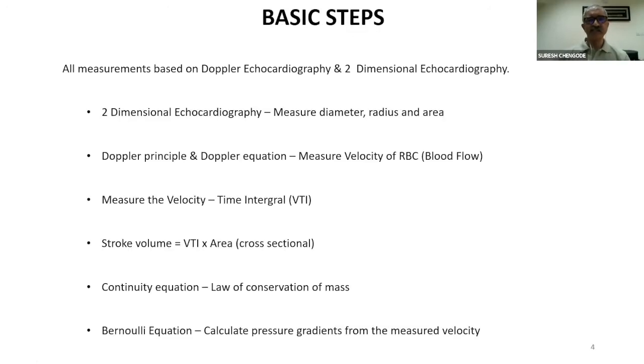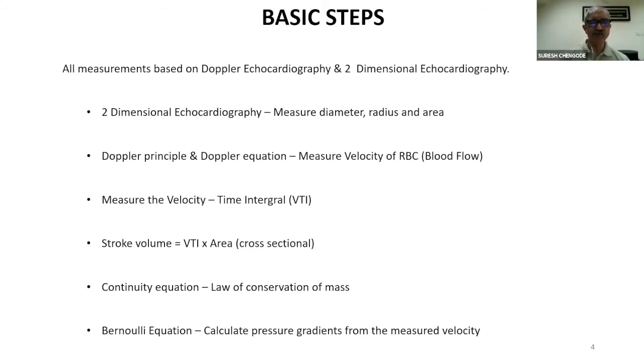The basic steps that we use in measuring the hemodynamics using echocardiography: We use two-dimensional echocardiography for measuring the diameter, the radius, and then calculate the area. We use Doppler principles for measuring the velocity of the blood. From the velocity, it will be traced or plotted against time to get the velocity time integral. From the velocity time integral and the cross-sectional area, we'll be able to calculate the stroke volume.